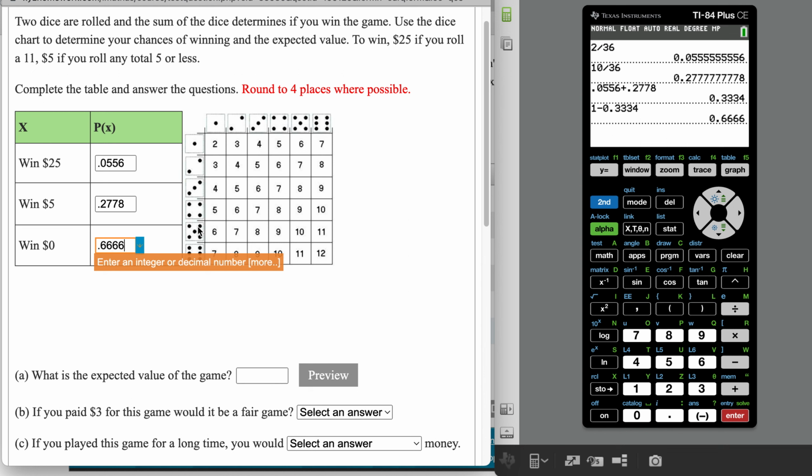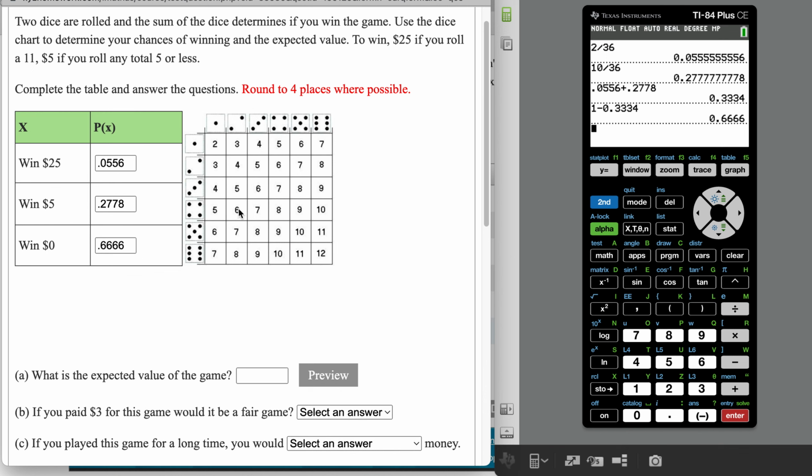The other way you could look at it is that if you win 0, that wouldn't be getting an 11, and that wouldn't be getting a 5 or less. So it would be all the 6s, all the 7s, all the 8s, all the 9s, all the 10s, skip the 11s because we already counted that one, and the 12s.